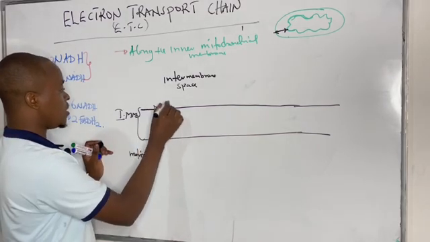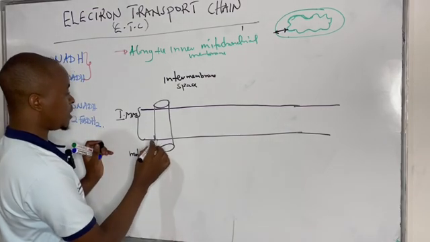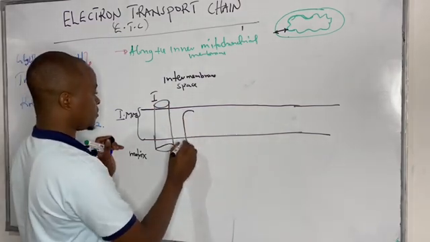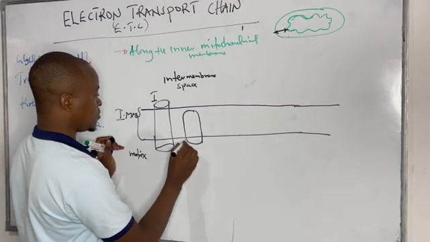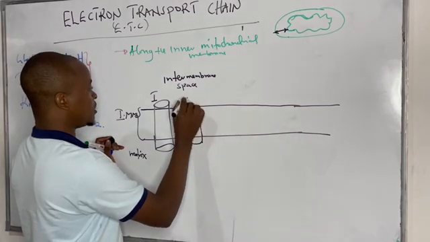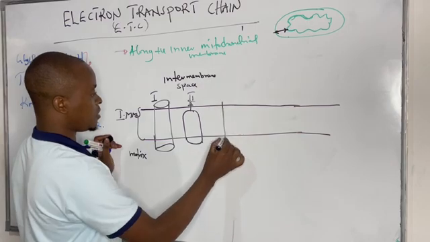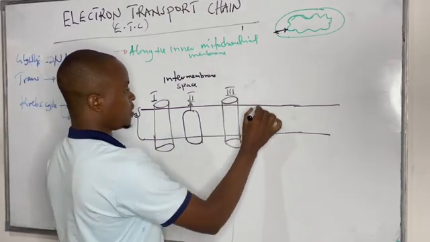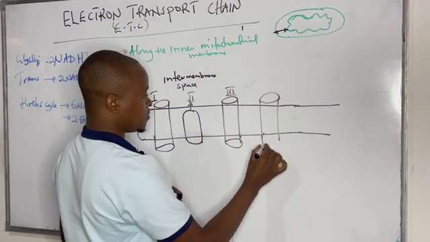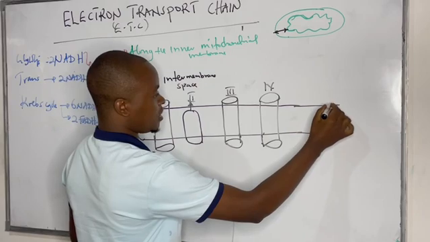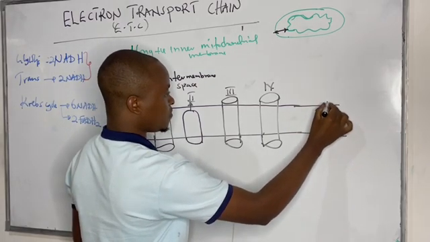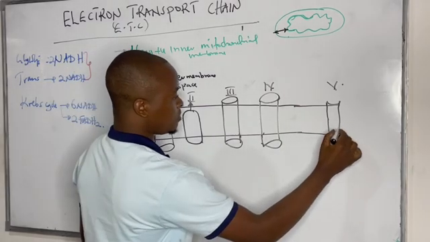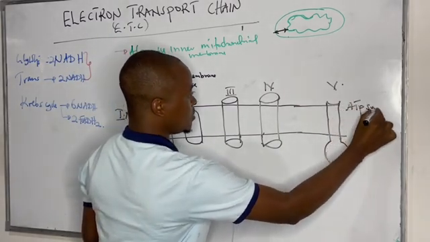We have complex 1, complex 2, complex 3, complex 4, and complex 5, which we call ATP synthase.